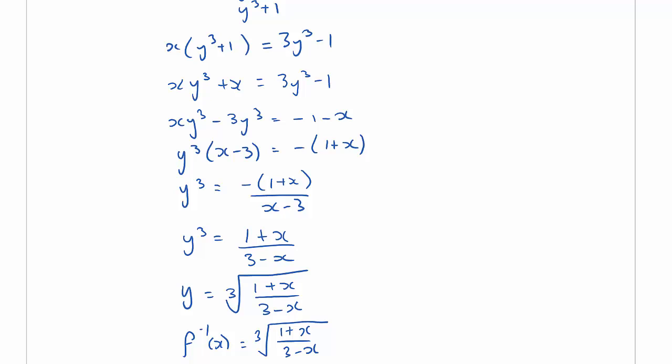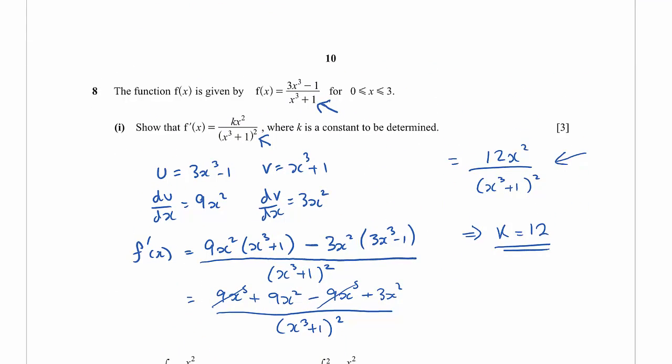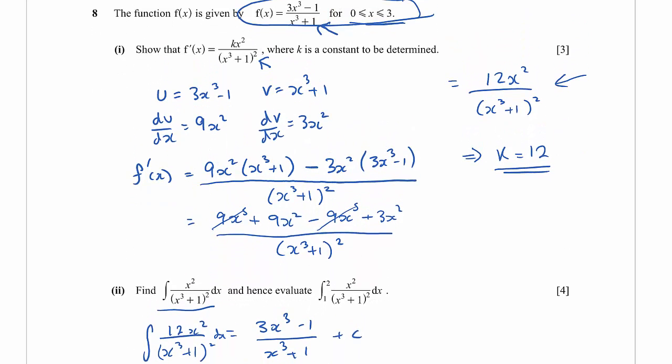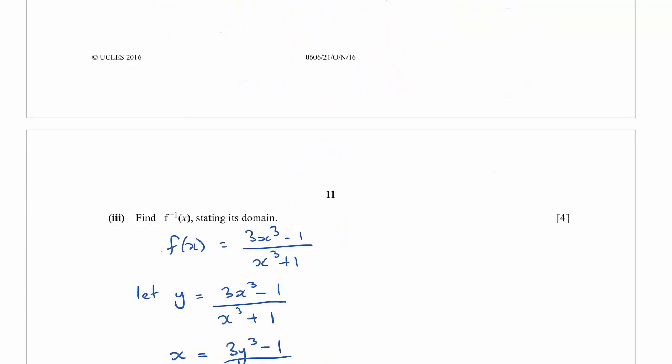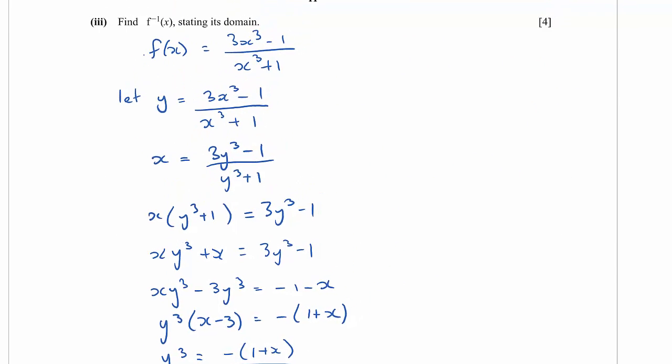Now the domain is actually going to be the hard part of this one, I think. So it's got to be the range of this original function, but note the definition of the domain for this original function. We've also differentiated this, and we can see that the only turning point is at 0. So in actual fact, to work out the range for this, we can just use these endpoints. So here's our function up here.